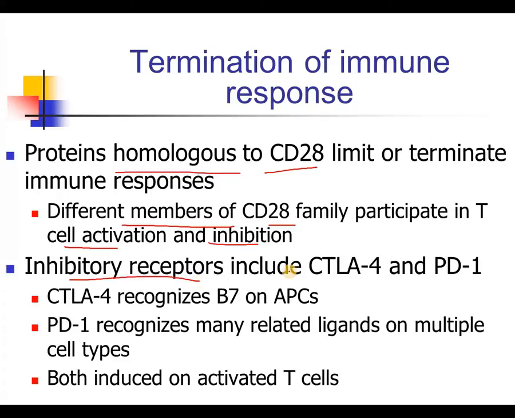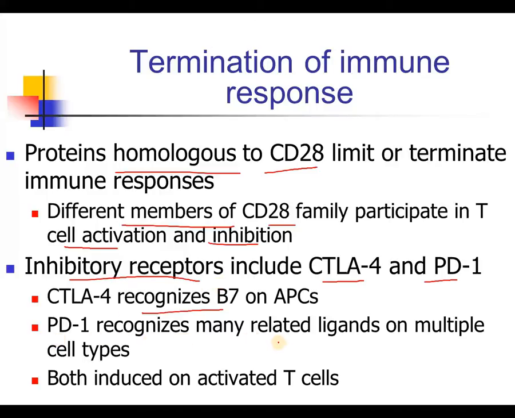Inhibitory receptors that are members of this family include CTLA4 and PD1. And you'll note, if you go back to the earlier table that I showed you and said, oh, this is going to come in handy, you will find them on it. CTLA4 recognizes B7 on antigen presenting cells, just as CD28 did, but it is inhibitory.